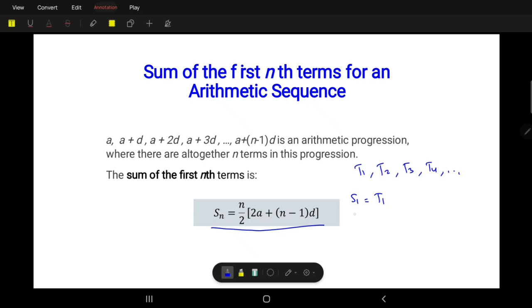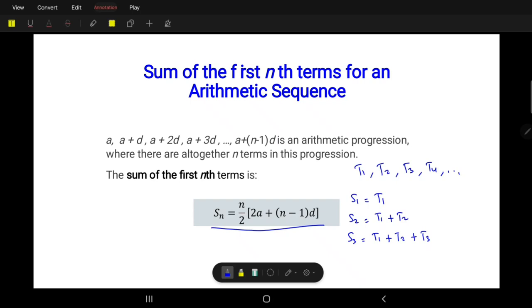If we want to find the sum of the first two terms, S2, that means T1 plus T2. If you want to find the sum of the first three terms, that means S3, so you need to find T1 plus T2 plus T3.